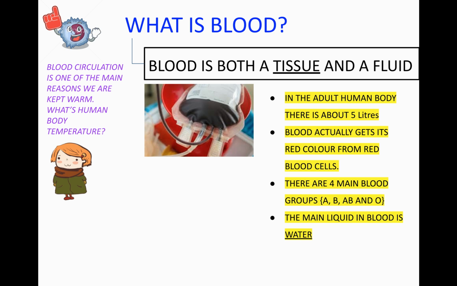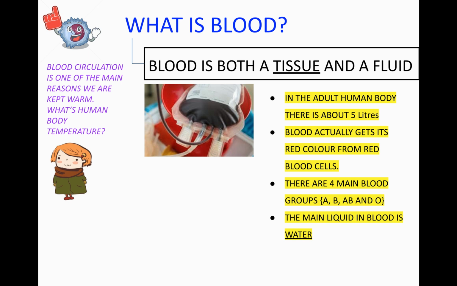So to start us off, we have a picture here of actual blood, and I'm sure you've seen this in the movies as well. It's quite a dark substance when it's inside one of these hospital packets. Blood is a fluid, but it's also a tissue. It is called a tissue because it is full of lots of different types of cells working together. In the average adult body, we will find about 5 liters.